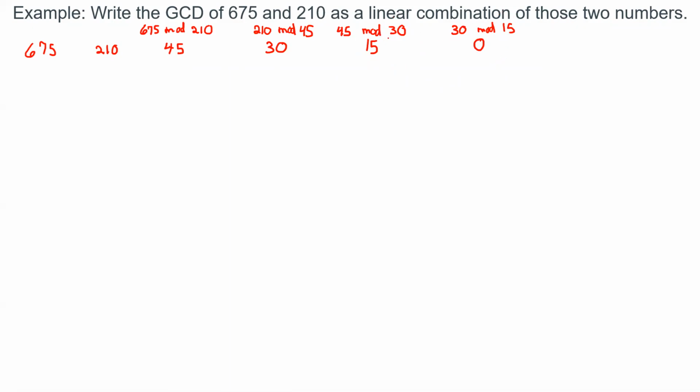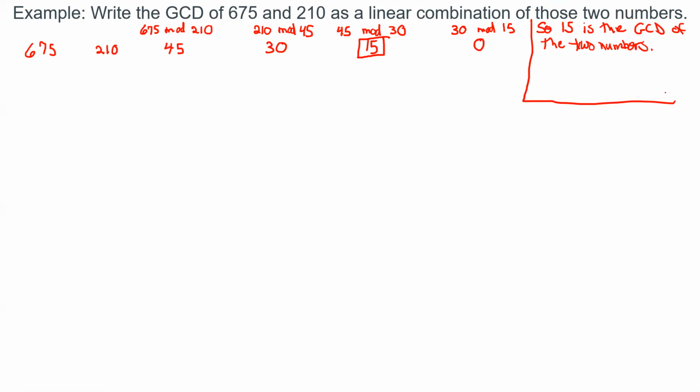So we step back one and say this is our GCD. So 15 is the GCD of the two numbers. And if that's all we were doing, we'd be done.